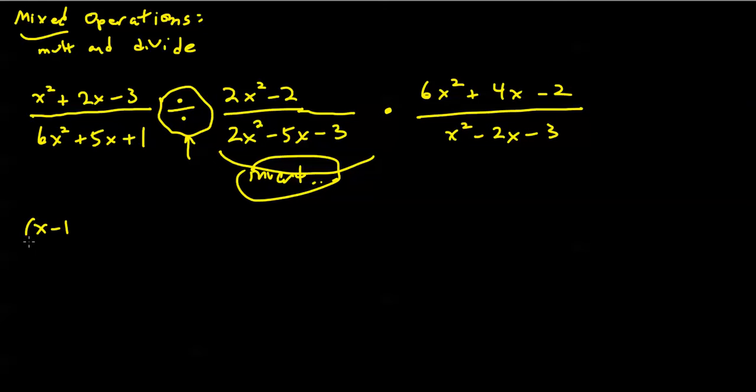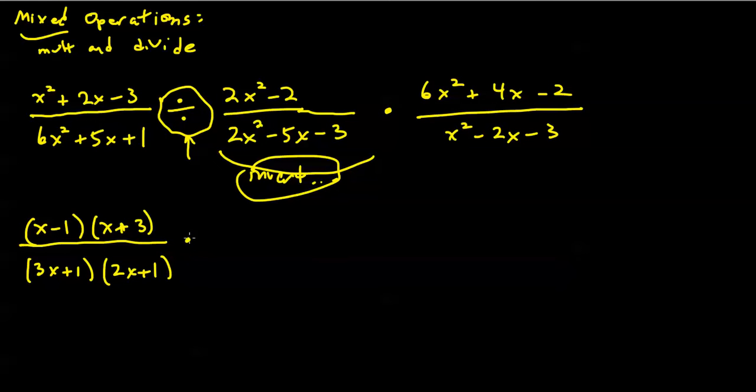So factoring the numerator of the first rational expression, I'll get x minus 1 times x plus 3. Factoring the denominator of the first rational expression, I'll get 3x plus 1 times 2x plus 1.